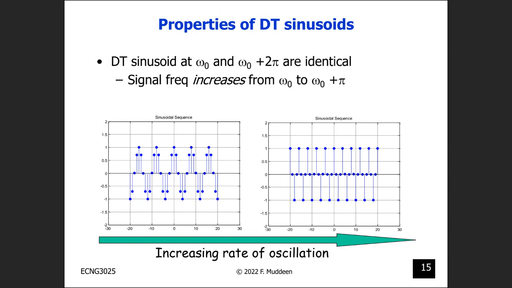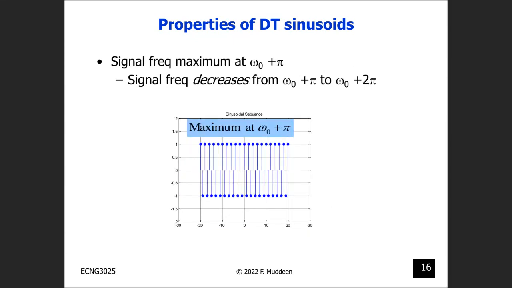And then when I reach pi, notice that the values are alternating. This is as fast as it can go, at omega equal to pi. Notice that the values are going from minus 1 to plus 1, minus 1 to plus 1, all the way through. So one sample is plus 1, one sample is minus 1.